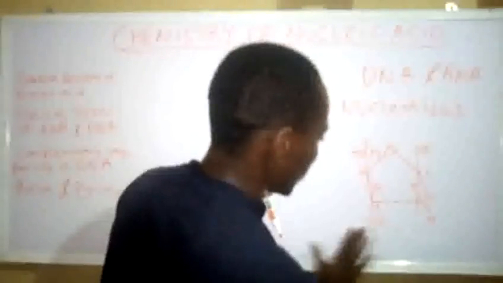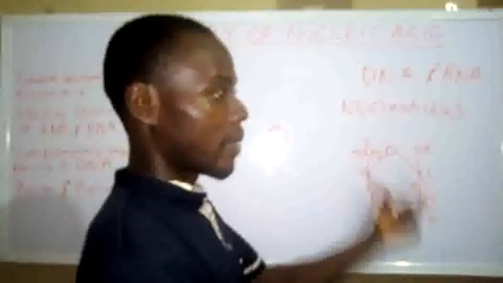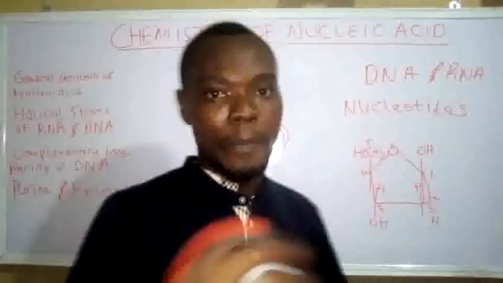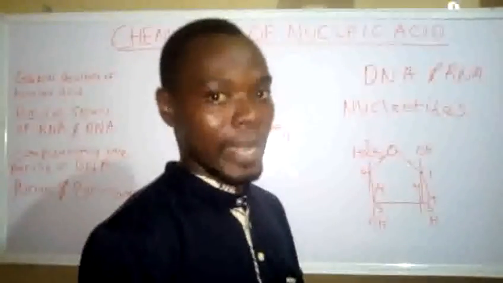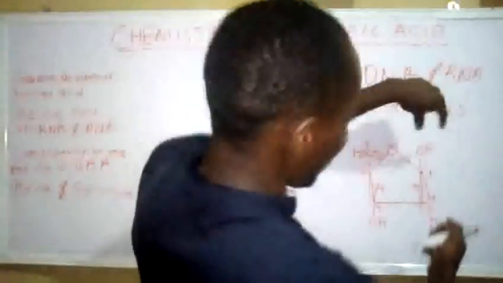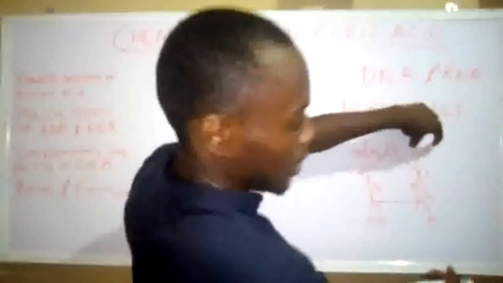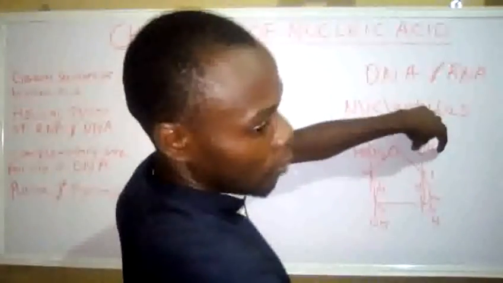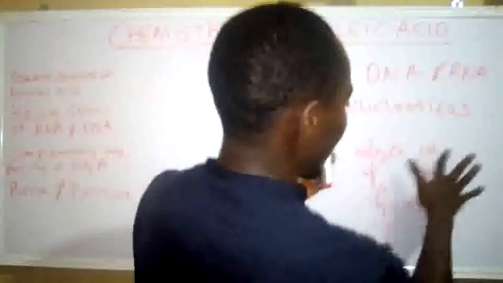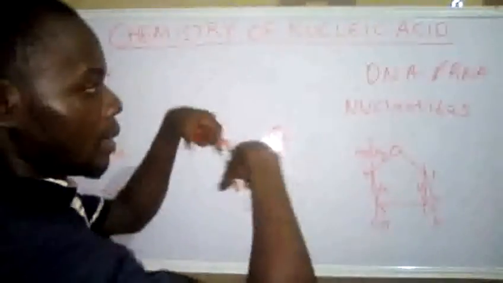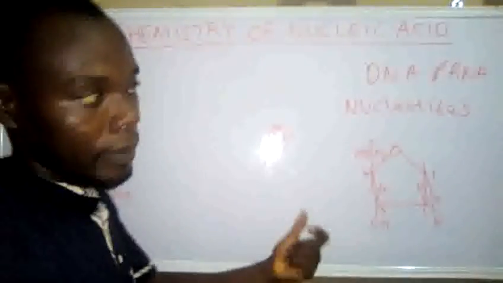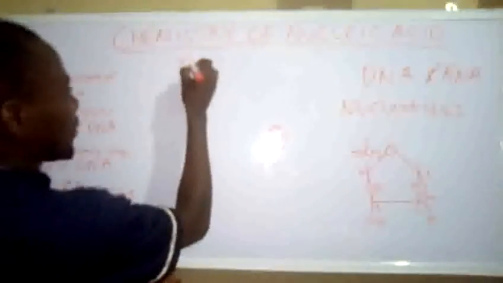So let's continue. I mentioned that the nucleotide is made up of a 5-carbon sugar, followed by the base. Are you getting it? This is the base, where the hydroxy group is removed, and then you have the base here. When we talk of nitrogen bases, we have five.